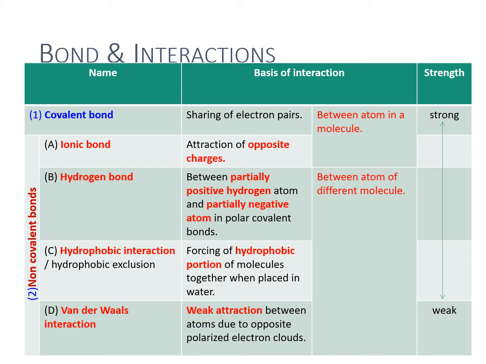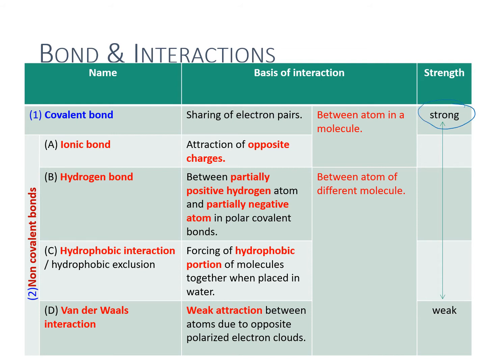In this table, it shows you the different types of bonds that exist between atoms within a molecule, or between atoms of different molecules. The first bond is the covalent bond. The covalent bond is a strong bond.